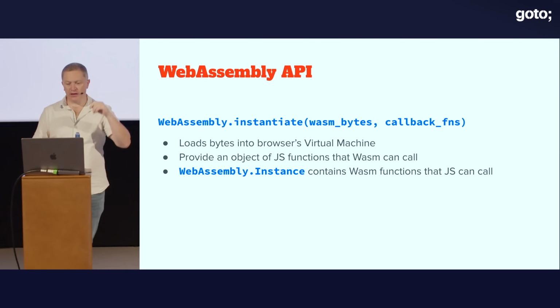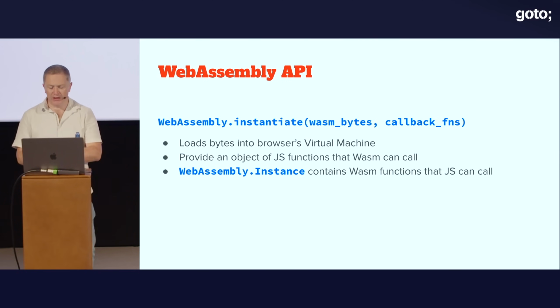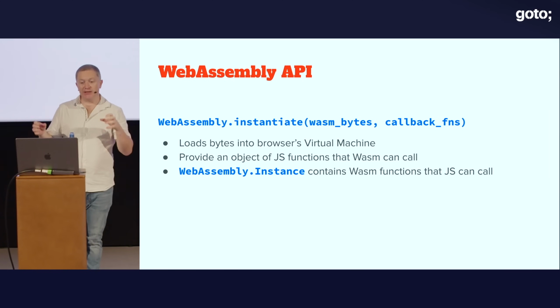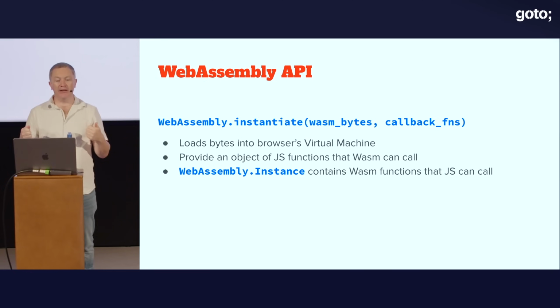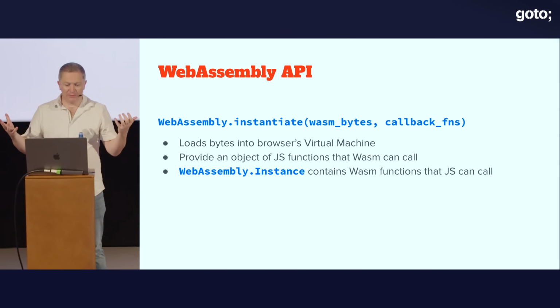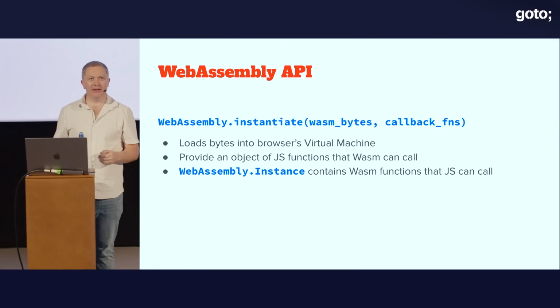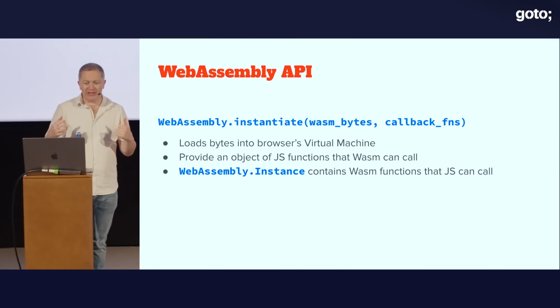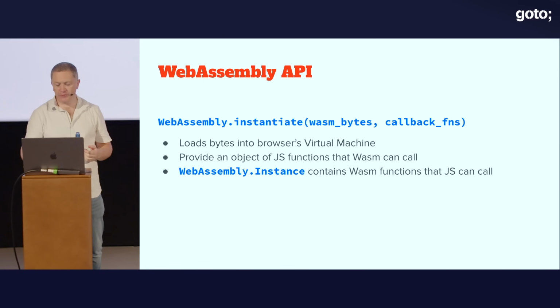The keys are strings and the values are functions, so it can call them. What happens when you do this is it takes those bytes and loads them into the virtual machine in the browser engine, that makes it runnable. So it then turns it into that shared low-level format that we discussed. And what you get back is a WebAssembly instance, which contains WebAssembly functions that you can call from JavaScript.